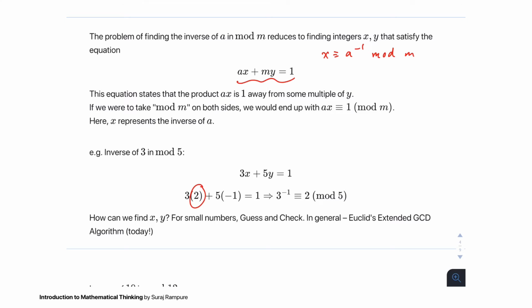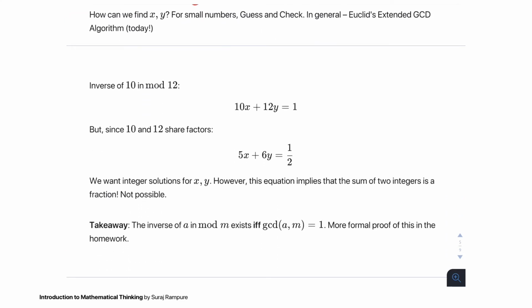And that showed us why, in the case of finding the inverse of 10 in modulo 12, there's no solution. I can write 10x plus 12y is equal to 1, but the greatest common divisor, i.e. the largest factor of both 10 and 12, is 2. The GCD of 10 and 12 is 2.